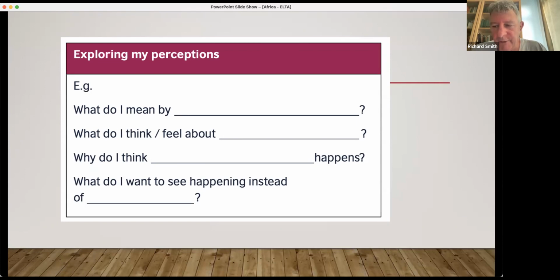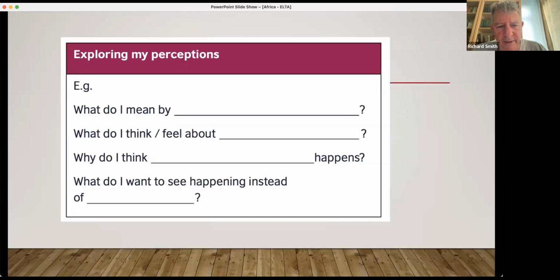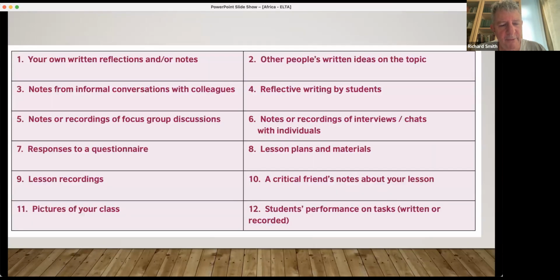These kinds of questions, if your questions are like this, let's see what kinds of data would be useful from here. What do you think? Could you write in the chat, for this kind of question, exploring your own perceptions, which ones from here do you think would be useful?